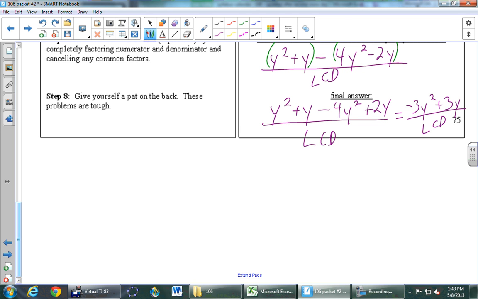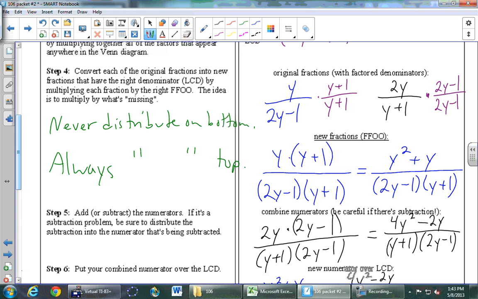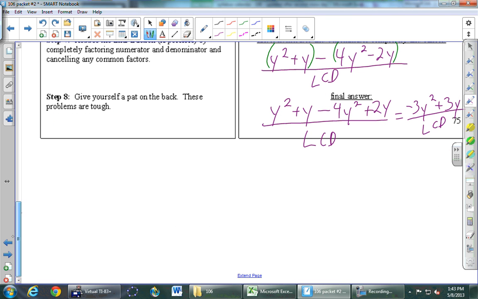But before we get to the bad news, remember I had said we got this funny rule in green, never distribute on the bottom, always distribute on top. Why do we do that? Because of, well, yeah, but even before we get to that, the only reason that we were allowed to make this better was that it was all distributed out, right? Then we could see the like terms to combine.